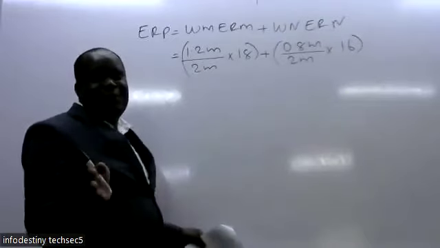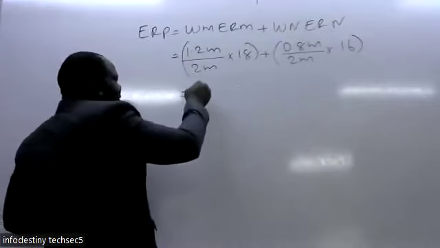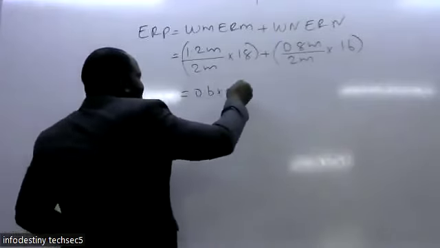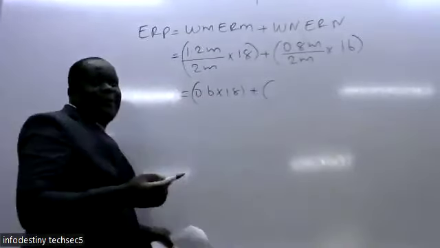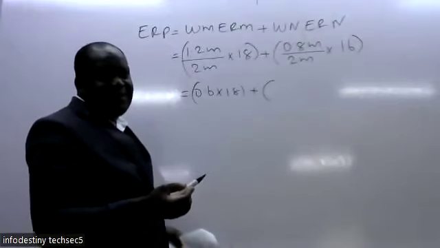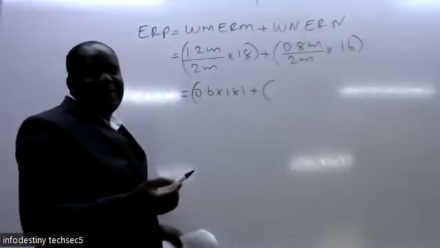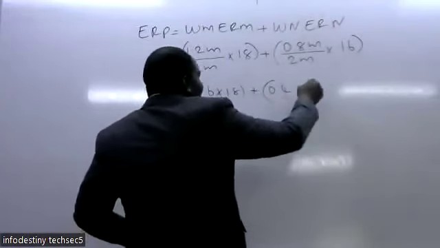Yesterday we were given the figures in the form of percentages. So this is the same as 0.6 multiplied by 18 plus the other term. Now let's add up the weights to 1.